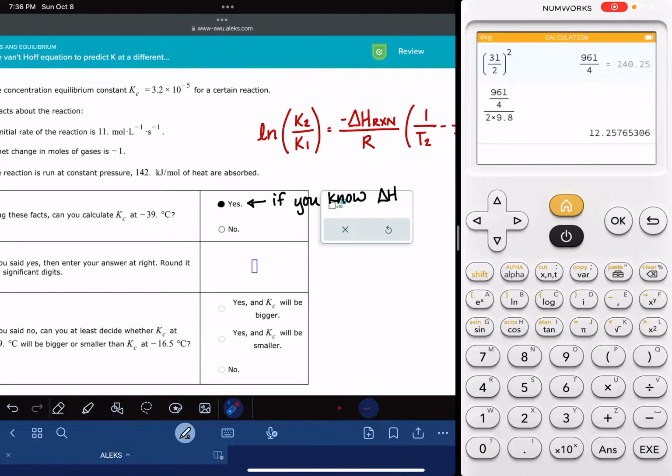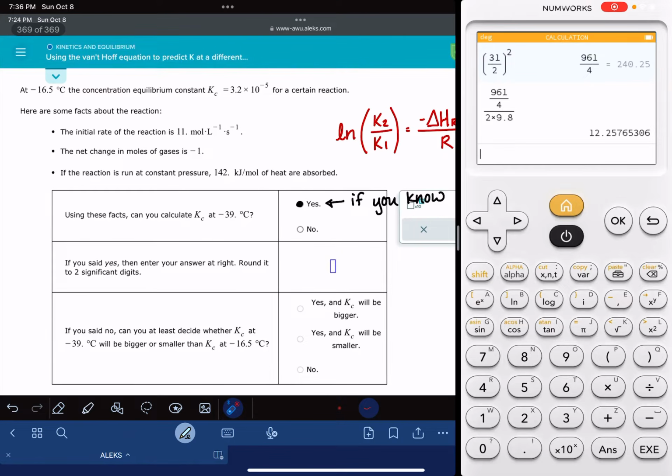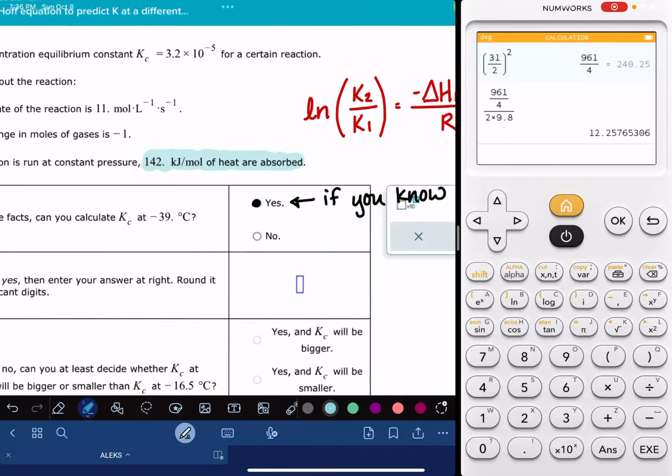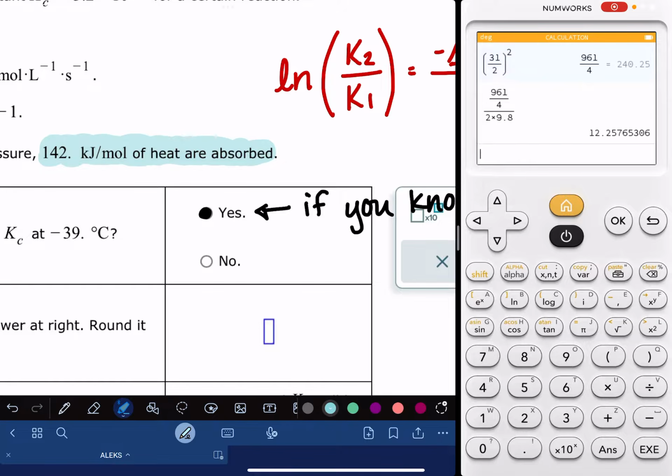So how are you going to know whether or not you know delta H? If ALEKS is going to give you delta H, it's going to be in one of these facts about the reaction. It's going to say something about kilojoules per mole of heat either being absorbed or released. So you're going to have to take that information and interpret that as a delta H value. So for me, my delta H is 142.